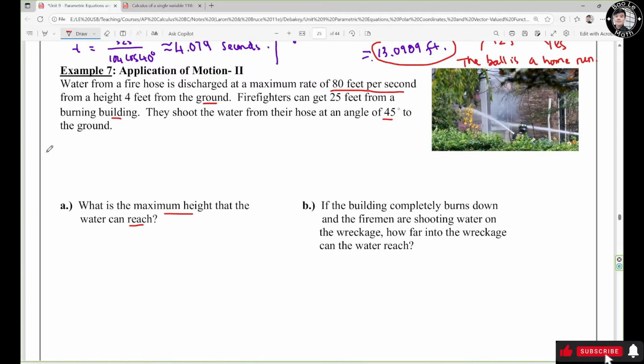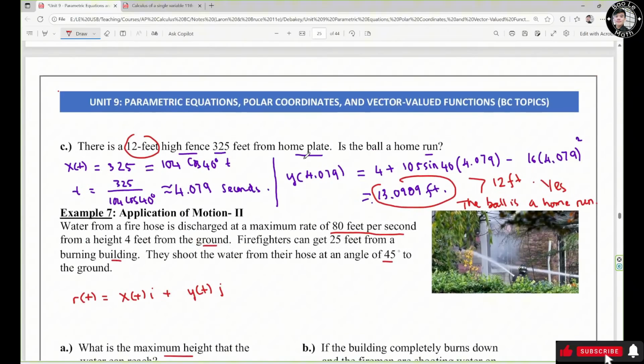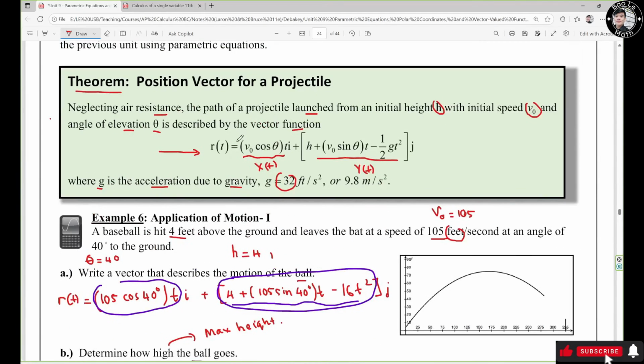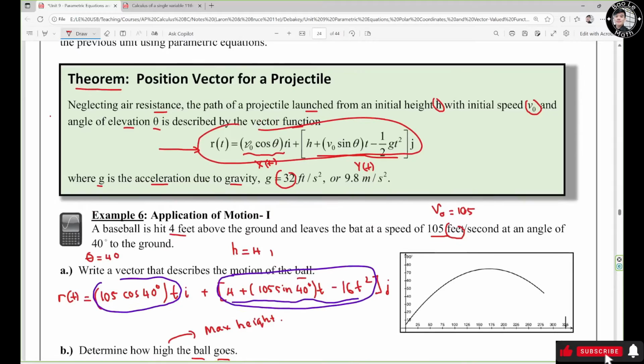Remember, we have the position function. It's going to be r of t is s of t i plus y of t j, right? And we're going to use the theorem right here, right?